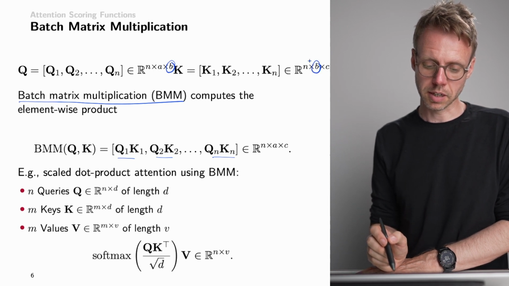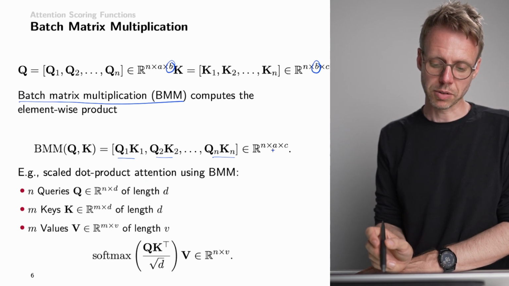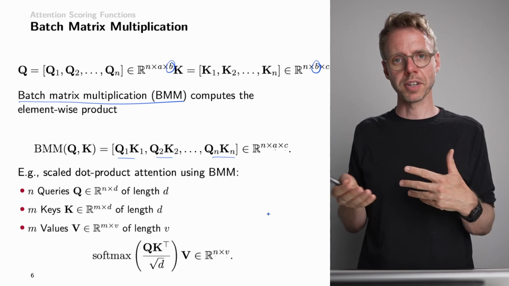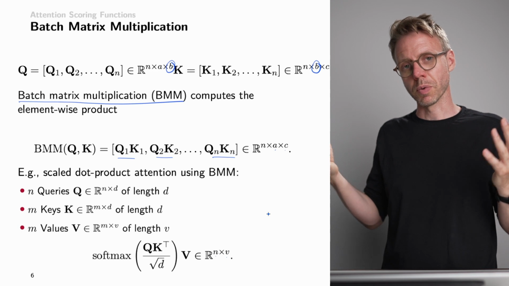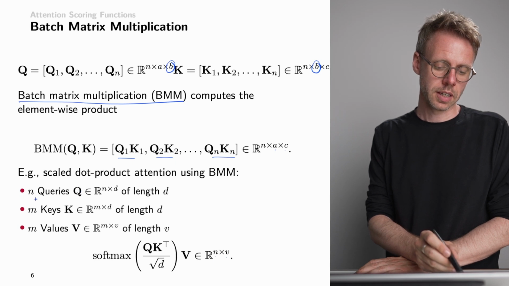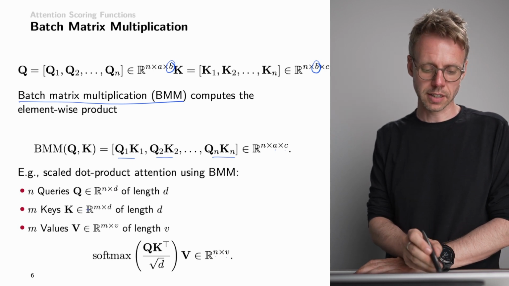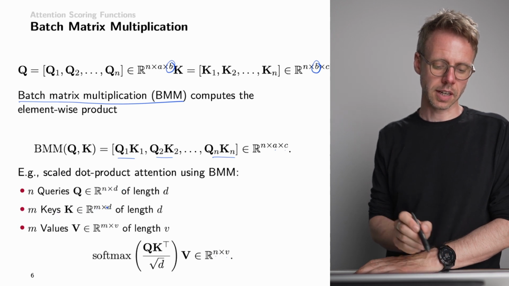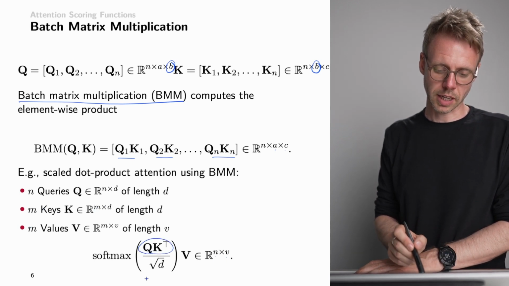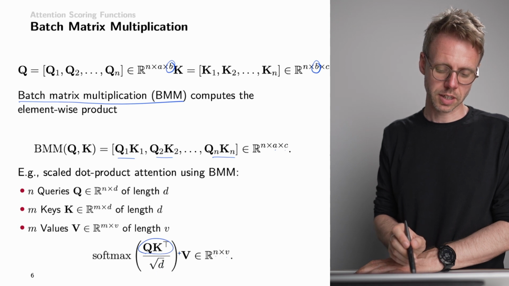In this case, B here would compute n different query key output matrices that are now of size A times C. So if we have defined batch matrix multiplication in this way, we can in one go and easily in parallel compute the attention weights for n queries that are each of dimensionality D and m keys that are of the same dimensionality, and that would give us our Q times K transpose divided by the square root of the number of dimensions D plugged into the softmax.